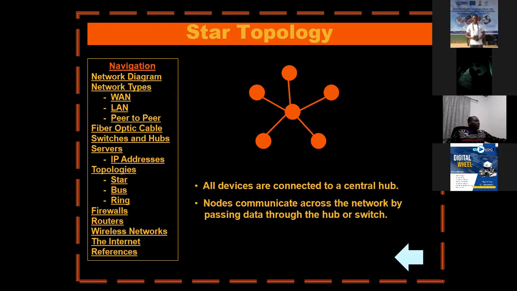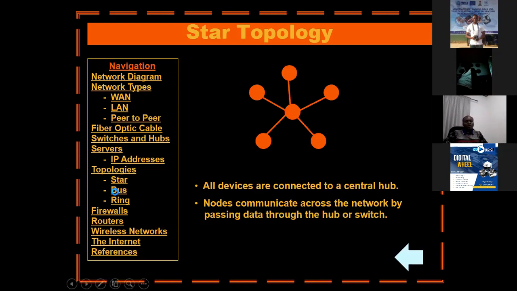This is a D-Link gigabit switch, a 16-port gigabit switch. If I have 3, 4 devices or more, very many devices connecting to the ports on this switch, such a network arrangement is known to be a star network topology arrangement, or a star layout network.